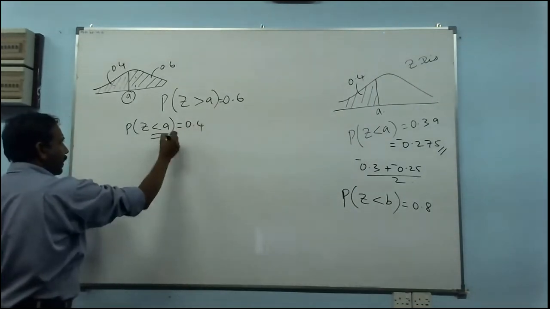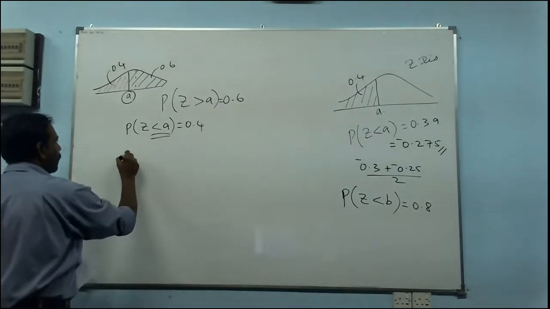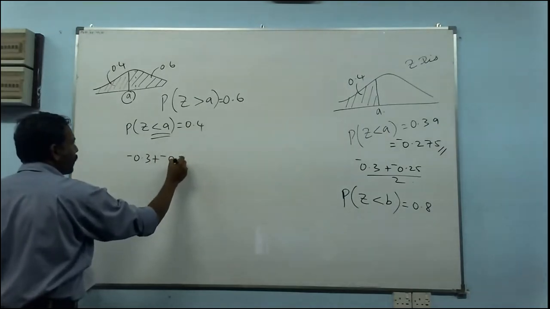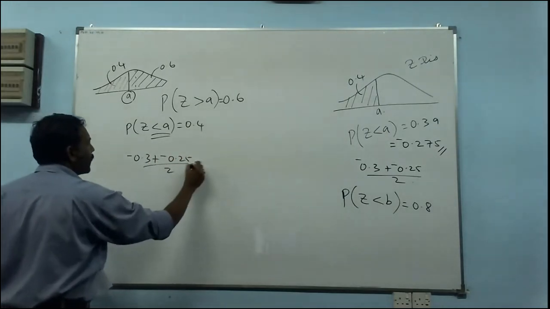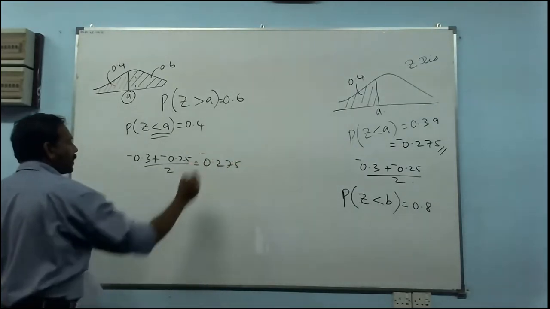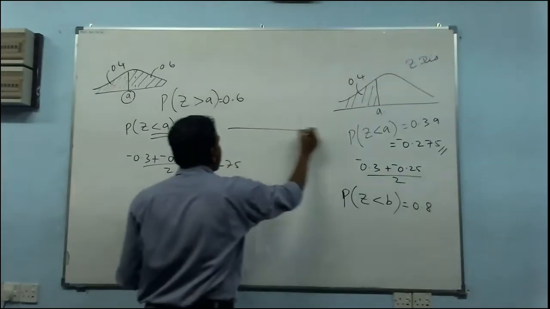From that we can find A, which is the same as earlier: minus 0.3 plus minus 0.25 divided by 2, which is minus 0.275.